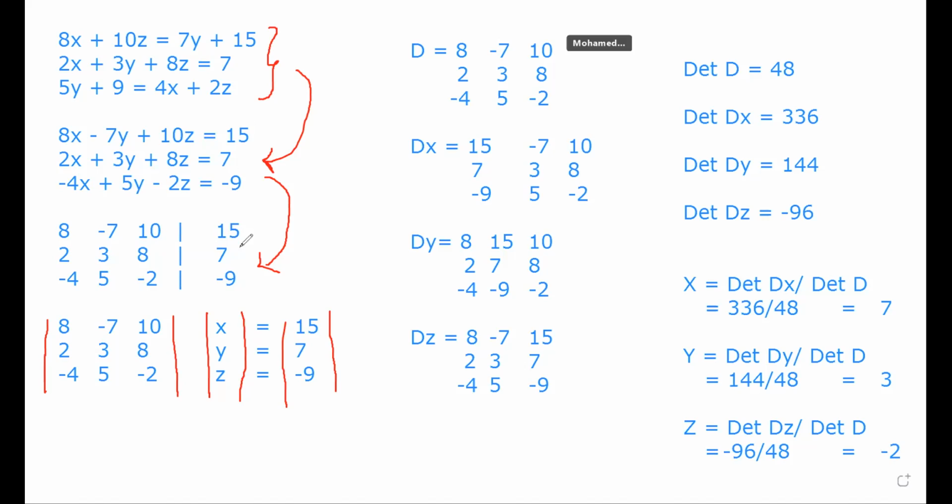After this, you have to form the actual matrix format. Using this, you have to find D, dx, dy, and dz. After that, you have to find the determinant of each of these four matrices. And finally, you use these equations to find the final answer.